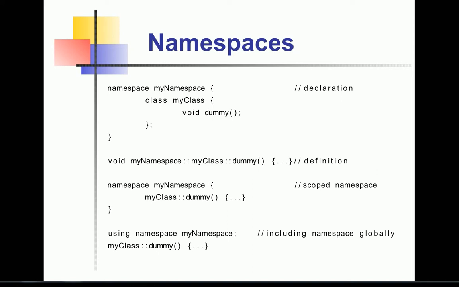You can also have what's called a scoped namespace, which just defines the function inside a namespace scope. And if you don't want to write my namespace:: in front of everything, you can also specify to use the namespace globally by writing using namespace my namespace, and you can call my class::dummy.